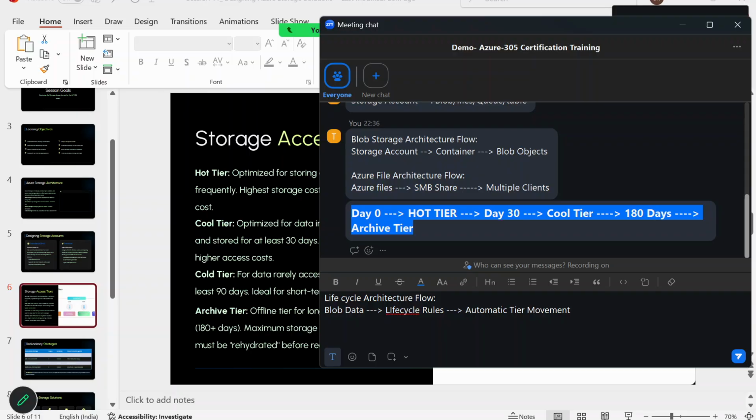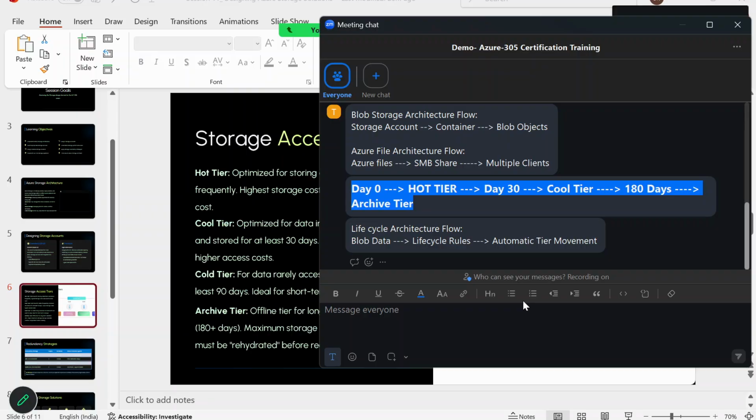Okay, so this is the lifecycle architecture flow for lifecycle management.